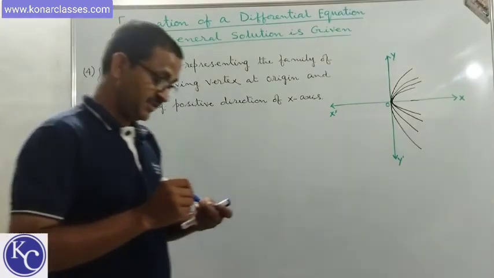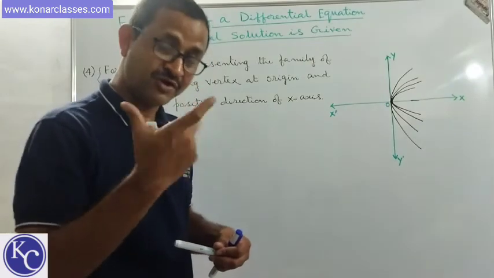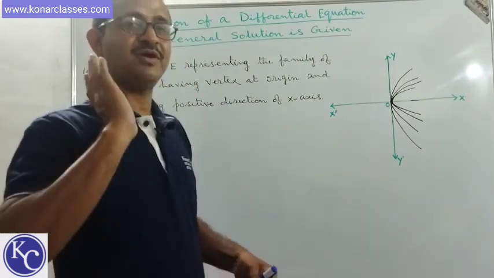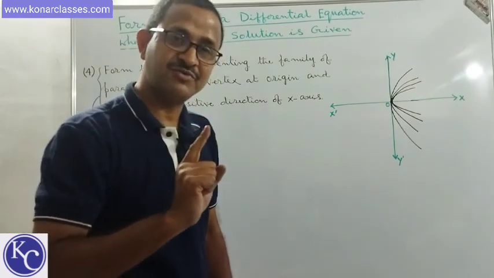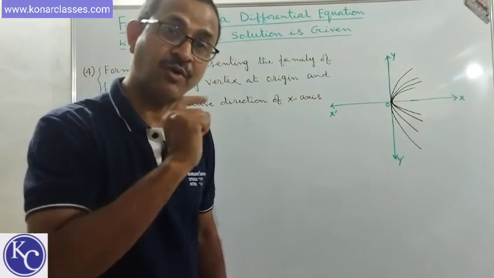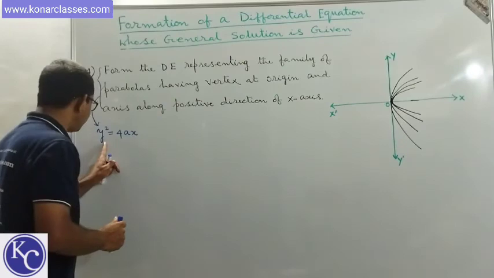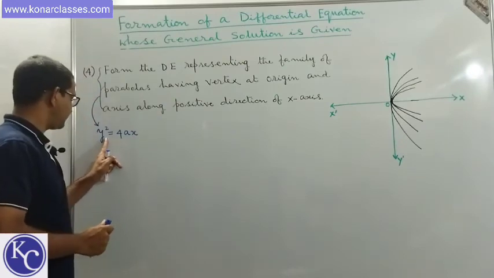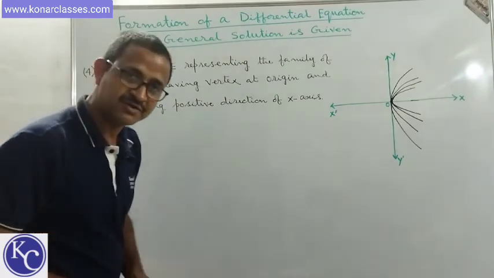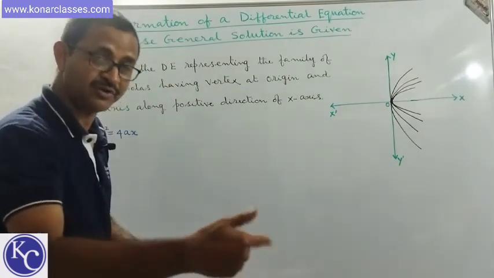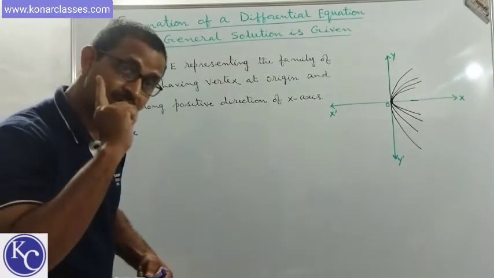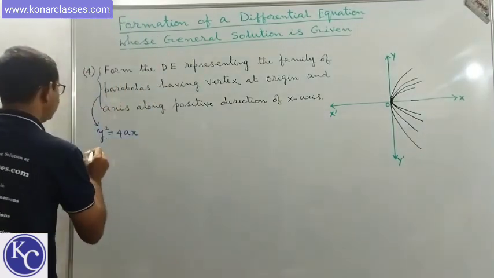Not only that, once we get the differential equation, one thing we are sure of, without forming it, is that the differential equation is going to have order 1. Why? Because the corresponding equation whose general solution is given here has one arbitrary constant. That is why the differential equation we are going to derive in another few minutes is going to have order 1.